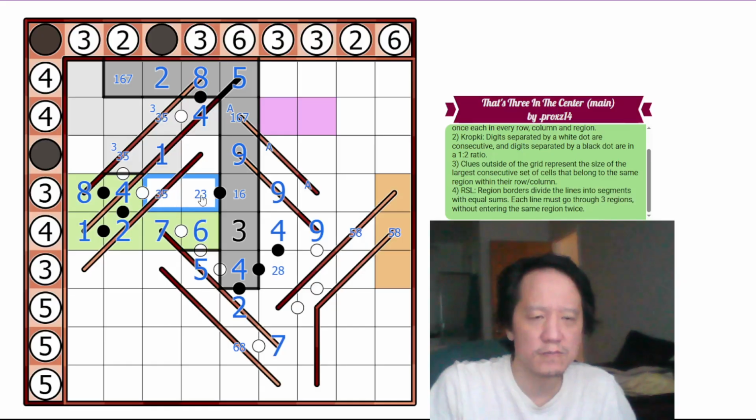One of these has to be light. We have 1, 2, 3, 4, 5, 6, 7, and one of these is 8.